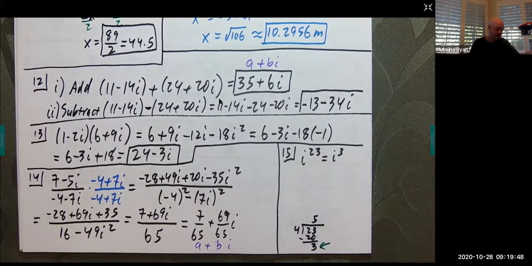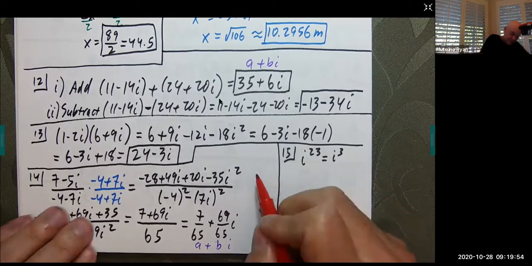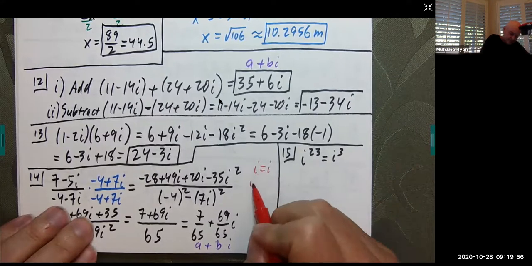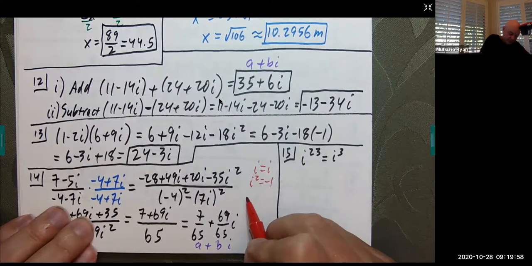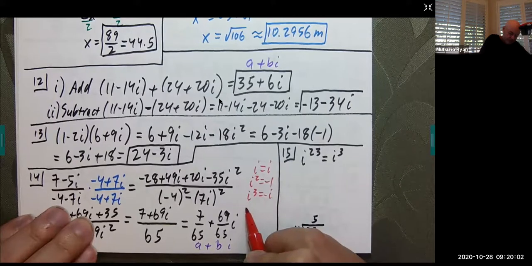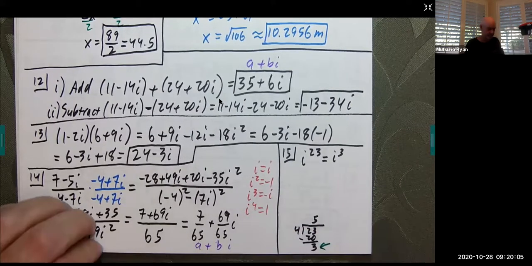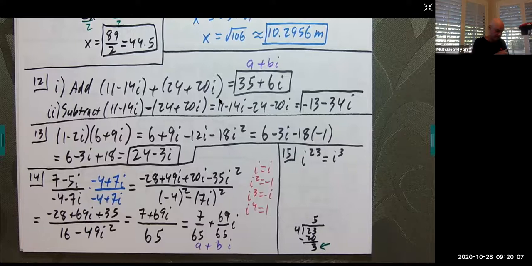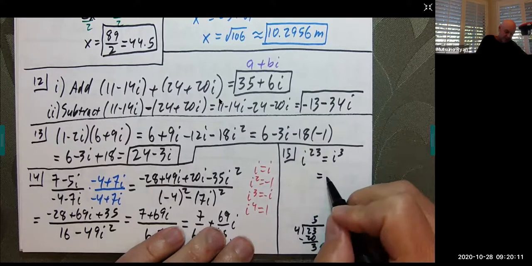And the only ones that you need to remember are the first 4. i equals i, i squared equals -1, i to the 3rd equals -i, i to the 4th is 1. So we know that i to the 3rd is -i.